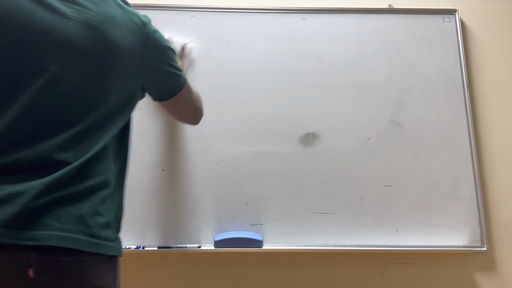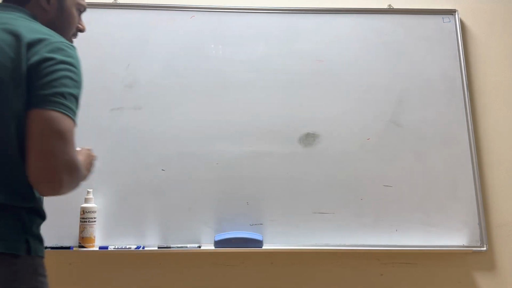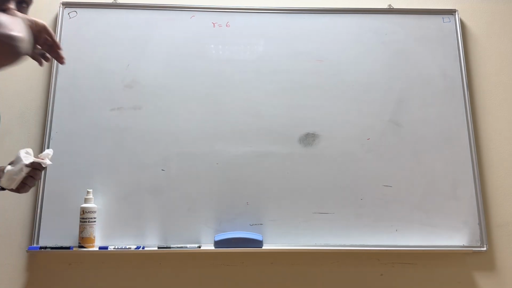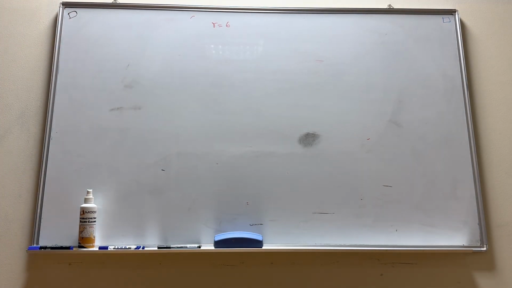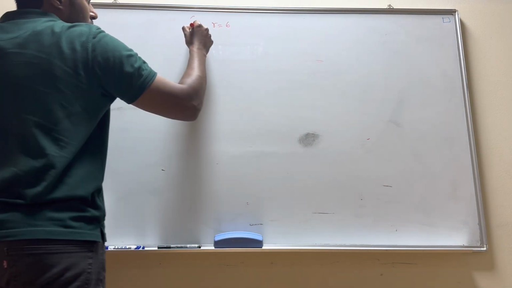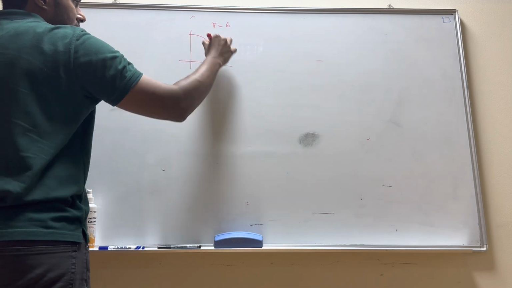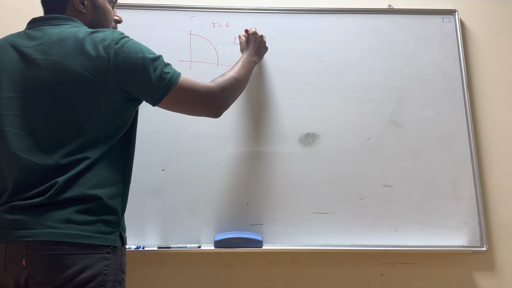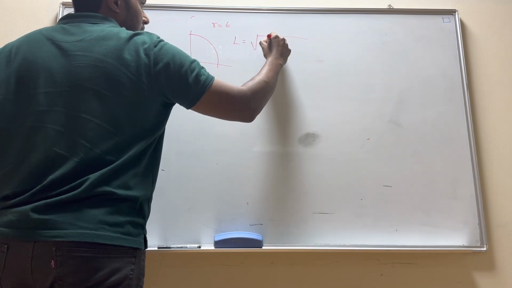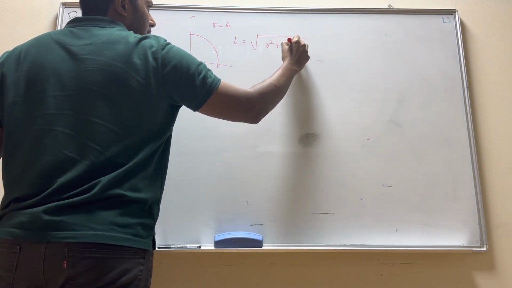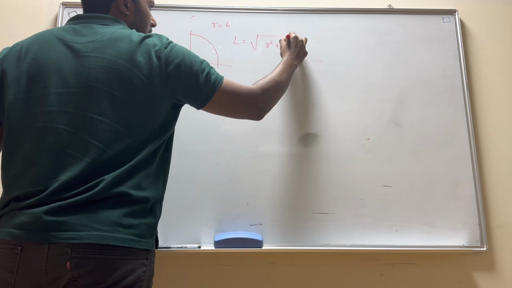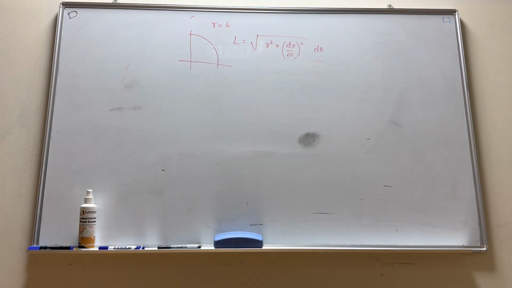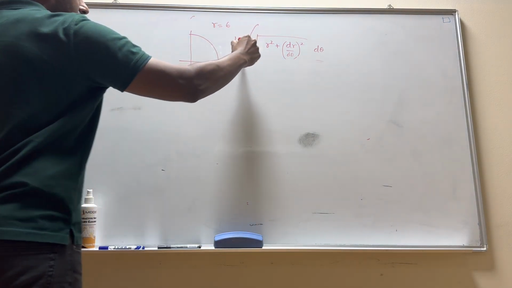Okay. So you know that the equation of a circle, r is equal to 6. So can you find the arc length using the formula? Integration.